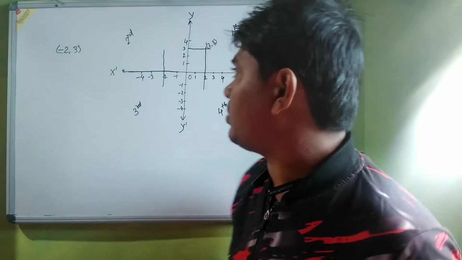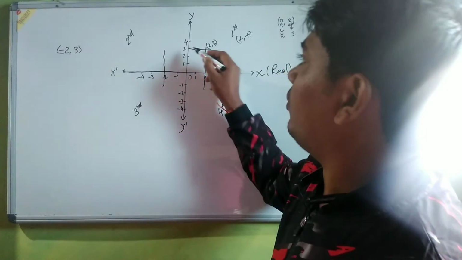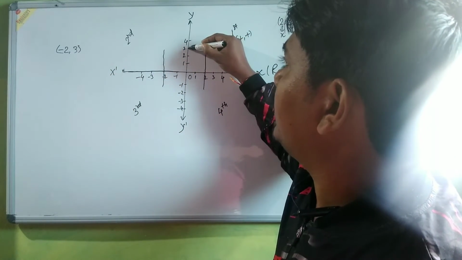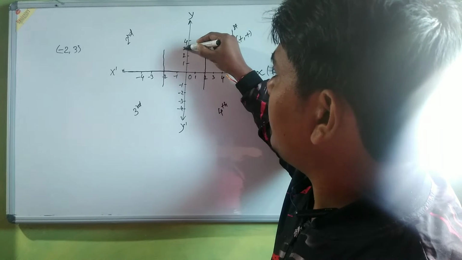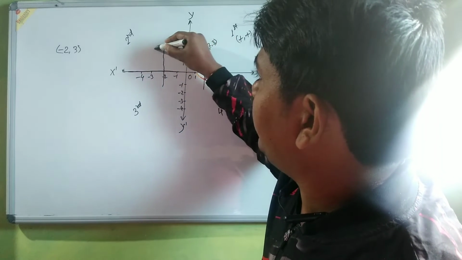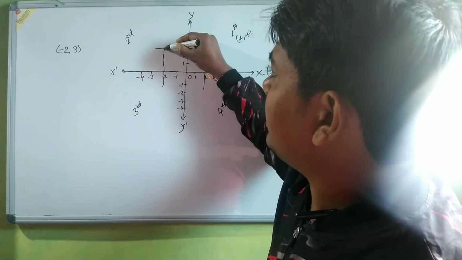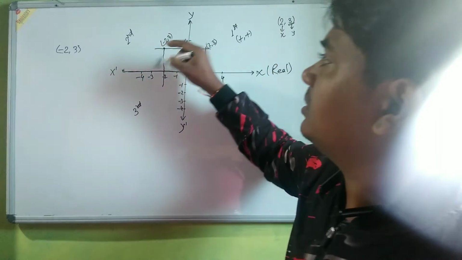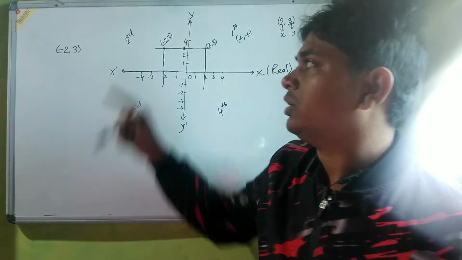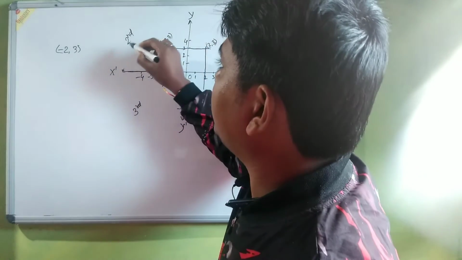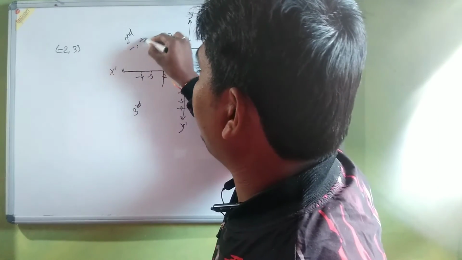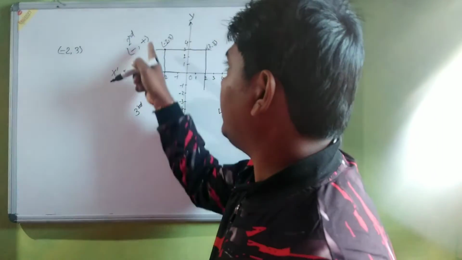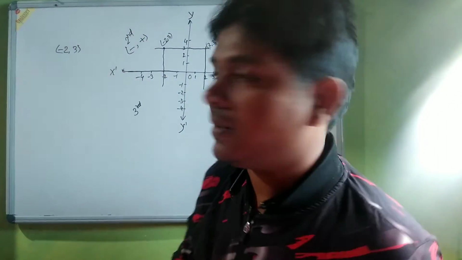And 3 is the perpendicular distance from the x-axis along the y-axis. So where do we have 3? Here. Now it will go this way and intersect here. That is the required point (-2, 3). This is in the second quadrant. So what sign does the second quadrant have? Minus and plus. Minus denotes x, and plus denotes y.